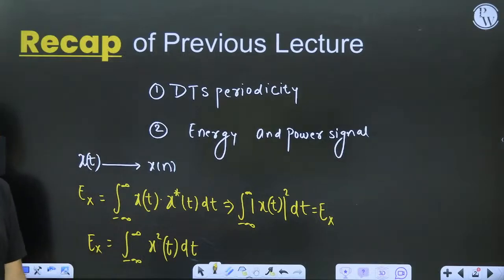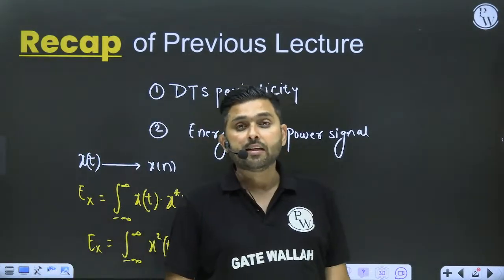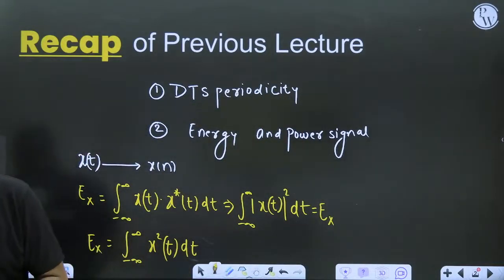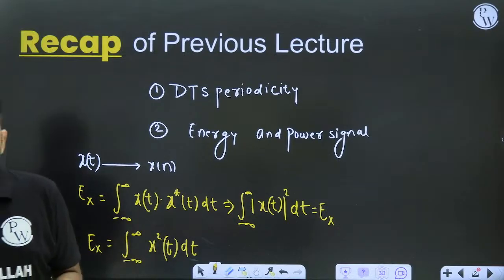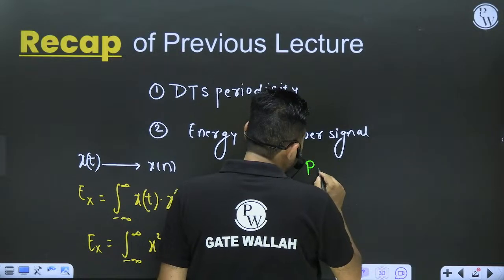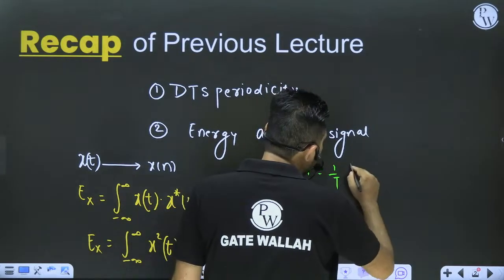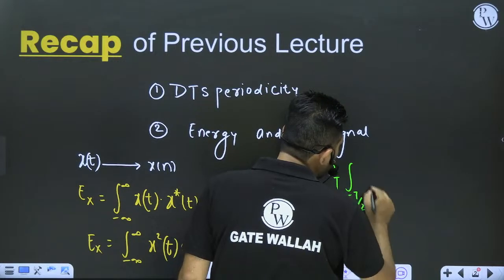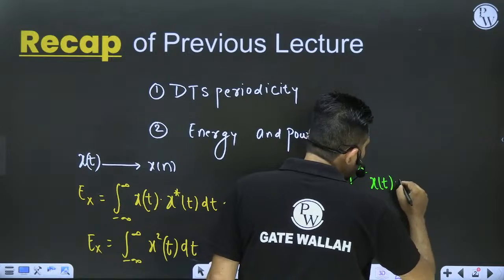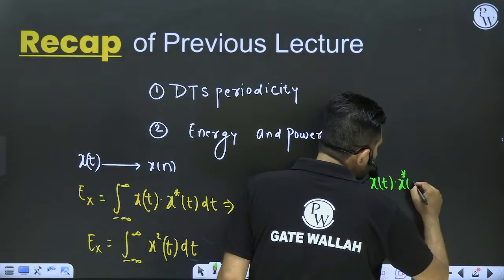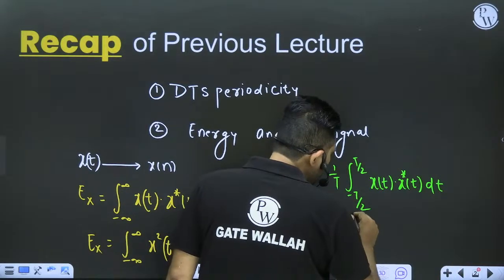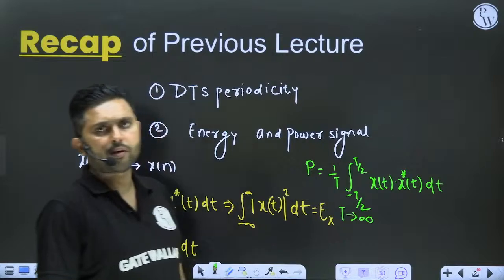In today's class, we will see how to recognize whether a signal is an energy or a power signal. We define the power P equal to 1 over T times the integral from minus T by 2 to T by 2 of x of t into x conjugate of t dt, with T tending towards infinity.